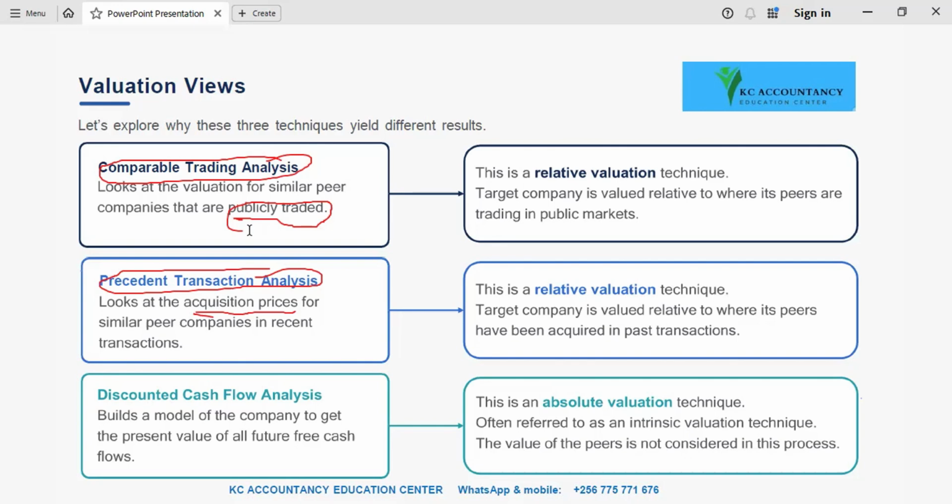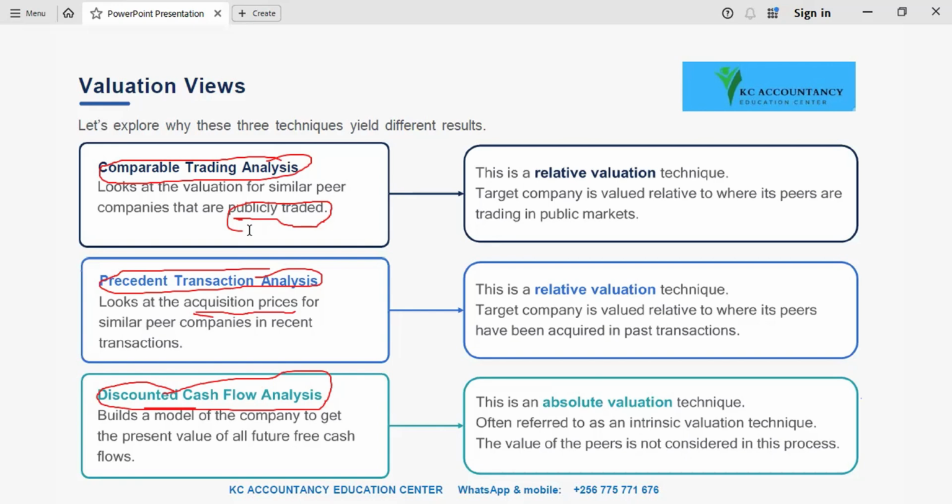Now we look at the last one: the discounted cash flow technique, or the DCF analysis. The DCF analysis is where we build a model that forecasts all future free cash flows.